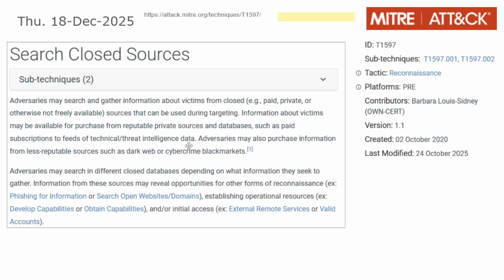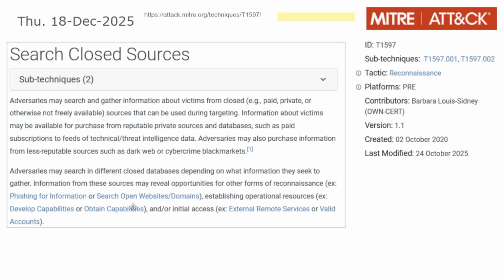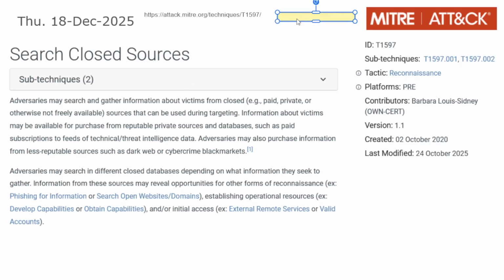Yes, interesting. Then adversaries may also purchase information from less reputable sources, and that's exactly what we have here, the dark web, pretty much. Yeah, that's what they say here, dark web. Less reputable sources.